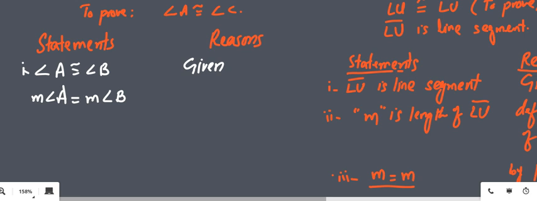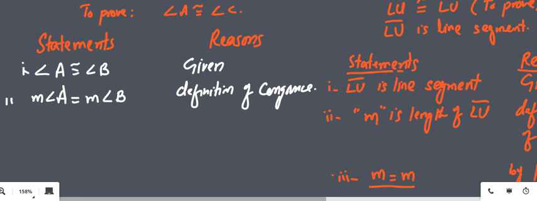So if they are congruent, that means measure angle A equals measure angle B. This is the analog of the congruency. So how do we move from congruency to equality? By definition of congruence. Is it clear?